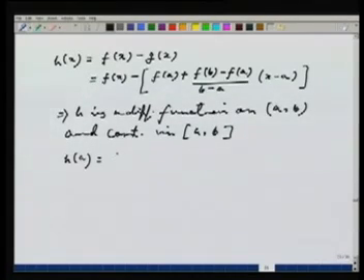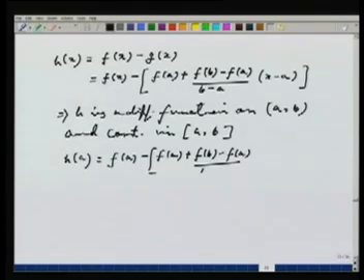By definition that is f(a) minus f(a) plus (f(b) minus f(a))/(b minus a) into (a minus a), which anyway is 0. So what I get is f(a) minus f(a), that is 0.